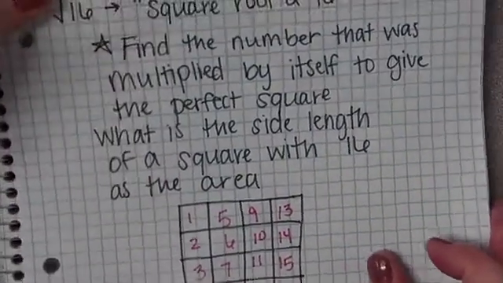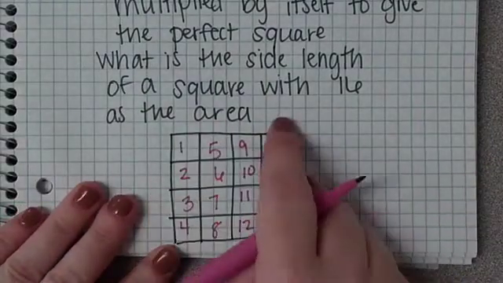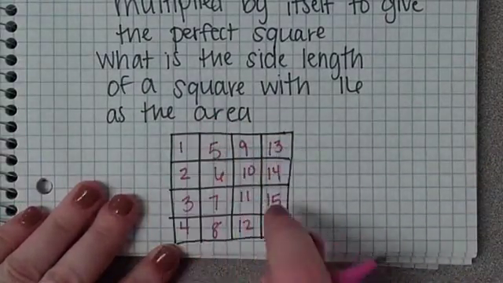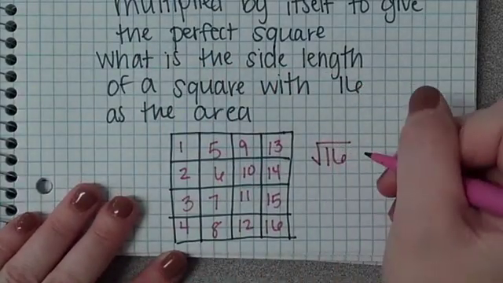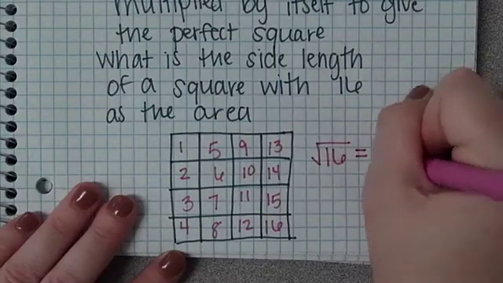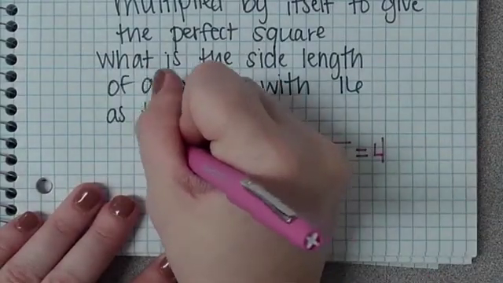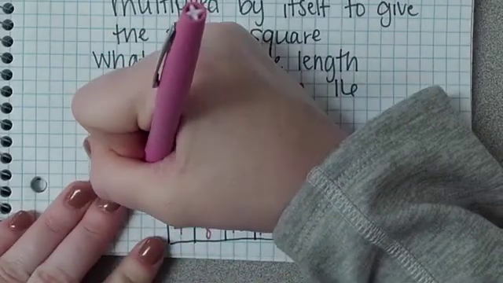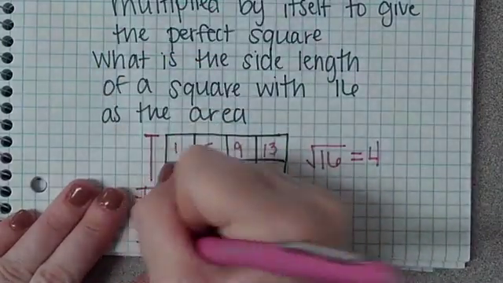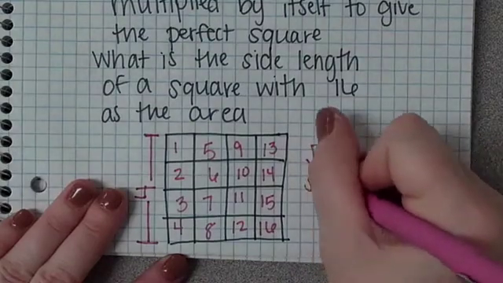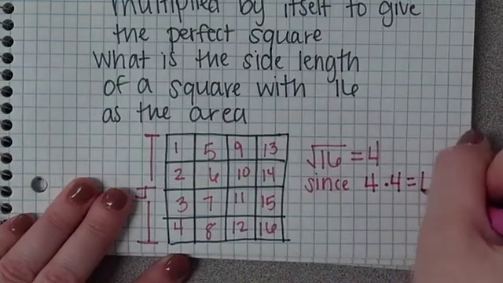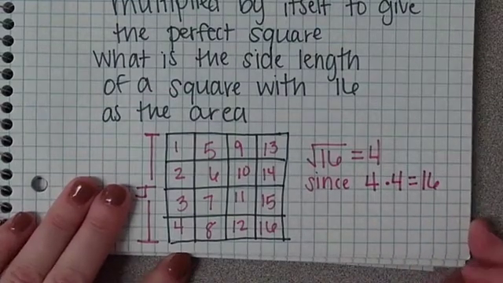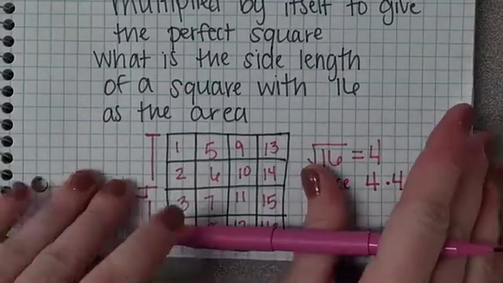If I know that I have 16 units or 16 of these squares, what is the side length? So the square root of 16 equals 4, since 4 times 4 equals 16.